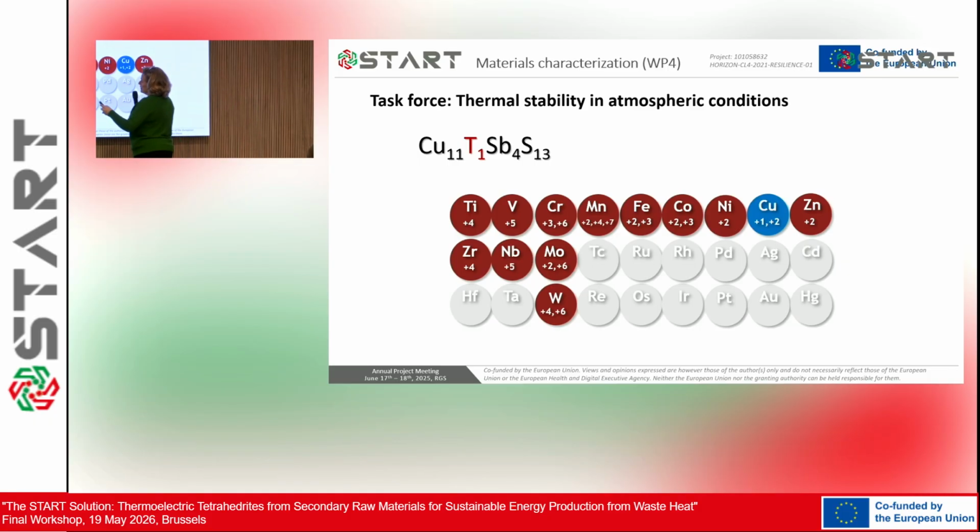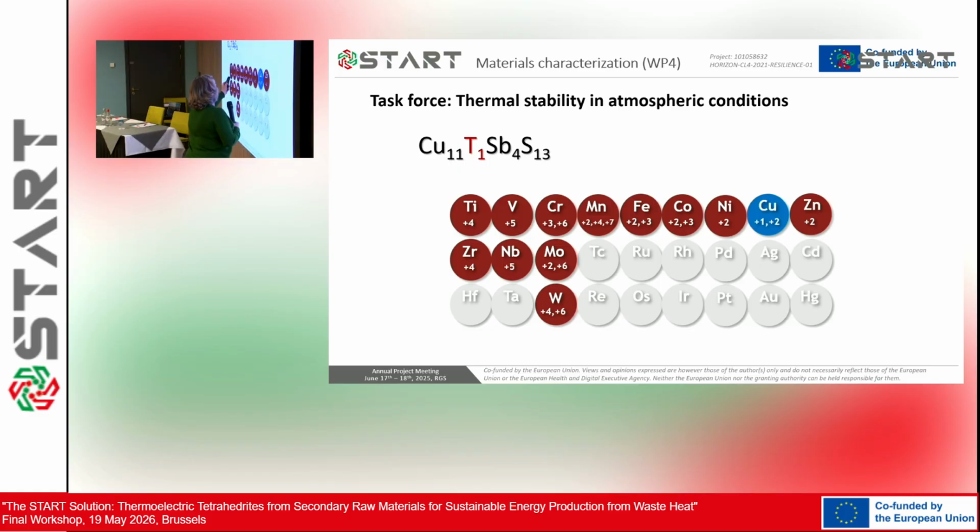Very interestingly, if you look at the common valence of the atoms, you see that these ones tend to be ions with +5, +6. Those we never managed to put inside the structure. They just precipitate out.